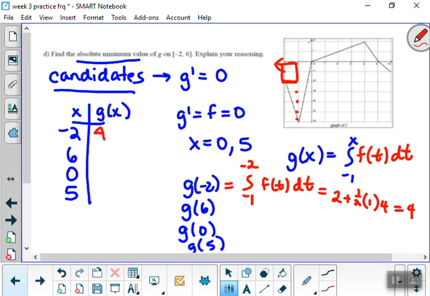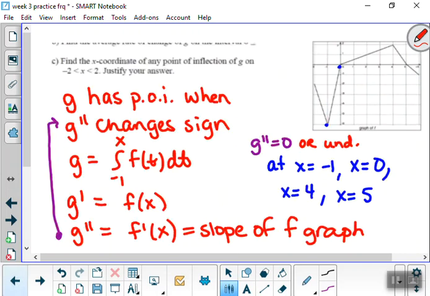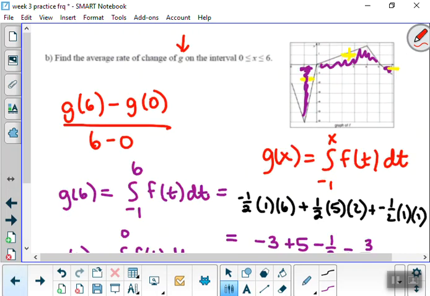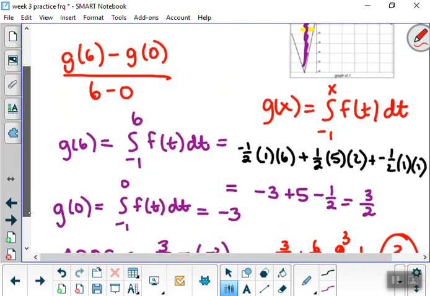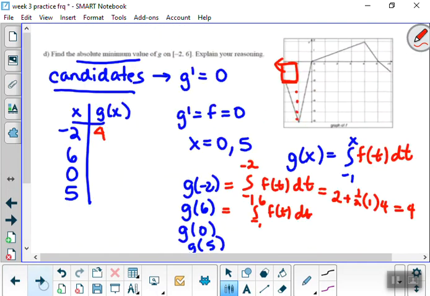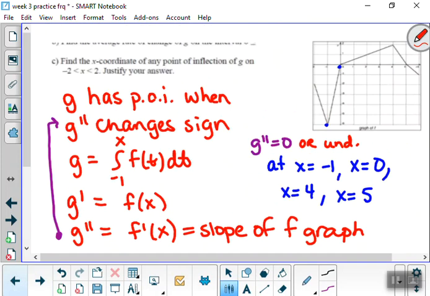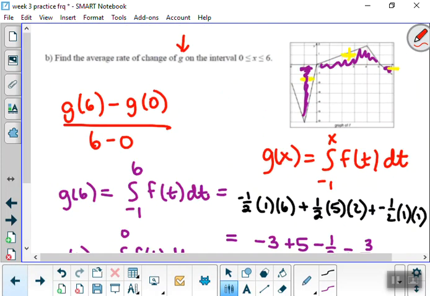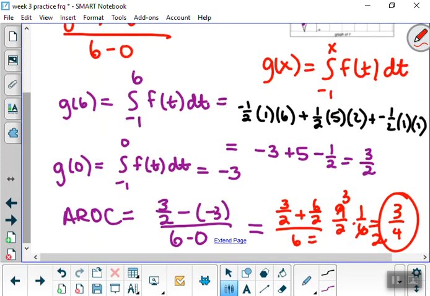From -1 to 6, well, we figured that out on part B. G of 6, we got to be 3/2. And G of 0, we got to be -3.